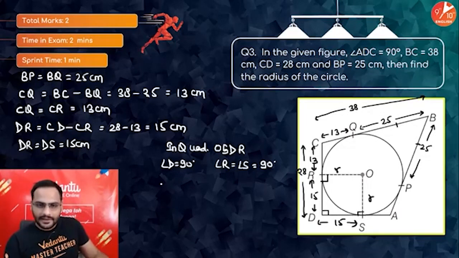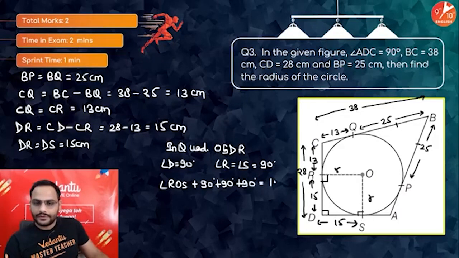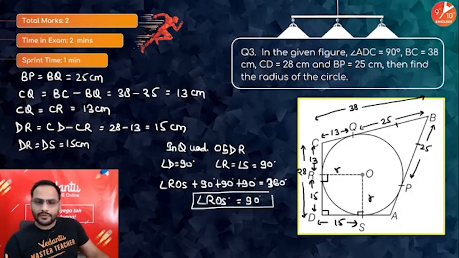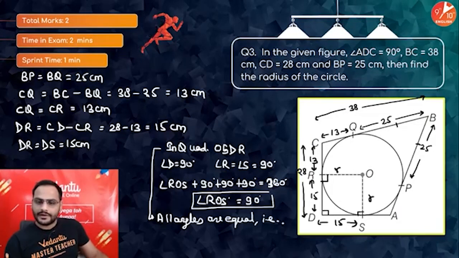So angle ROS, if we use the angle sum property, the remaining three angles are 90 degrees, so you will get the fourth angle also as 90 degrees. So in quadrilateral OSDR, all angles are equal, 90 degrees each.